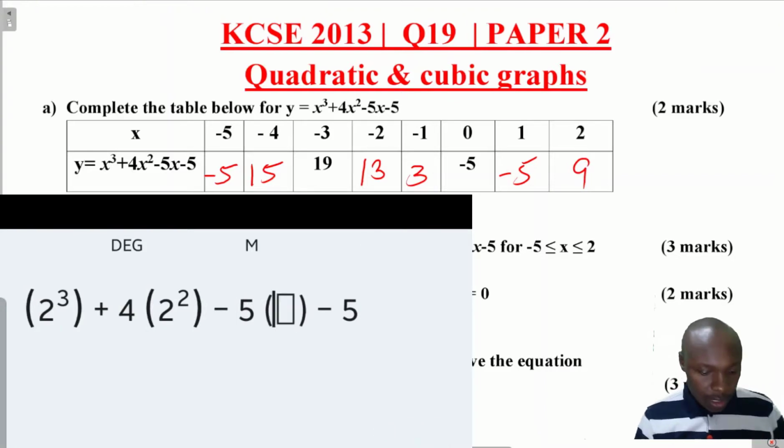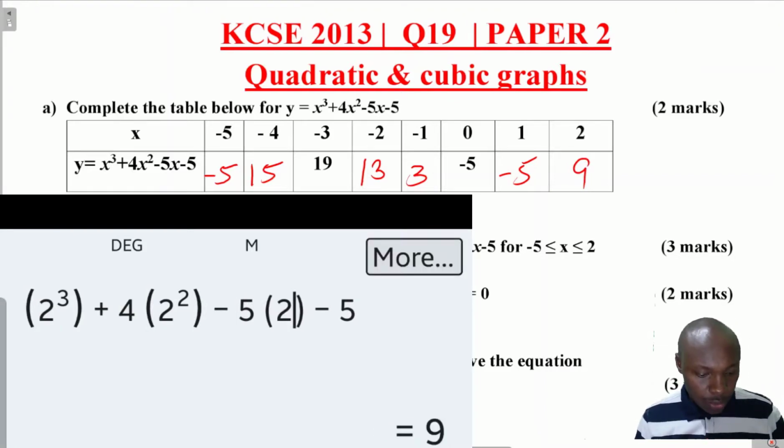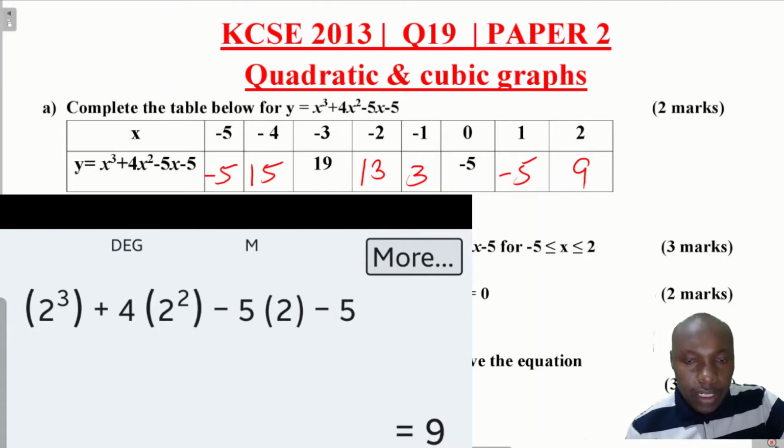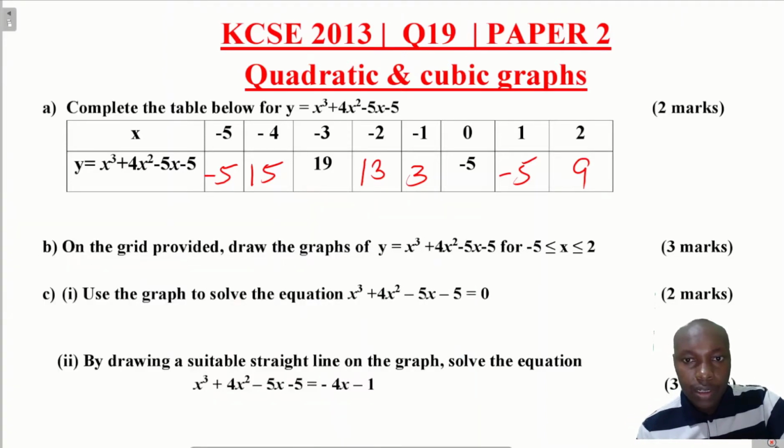So that is simply how you're supposed to use the calculator to fill that table, by simply feeding the function and then replacing, and being very careful where we have the negative values. So those are the values.